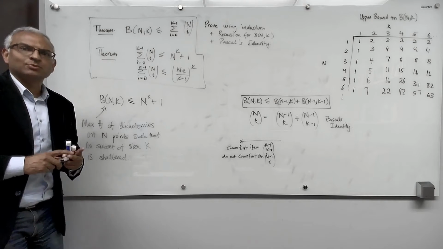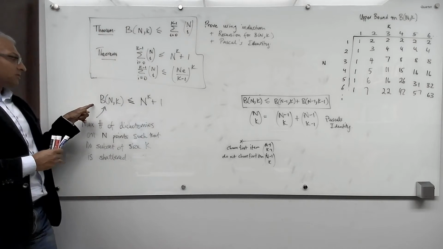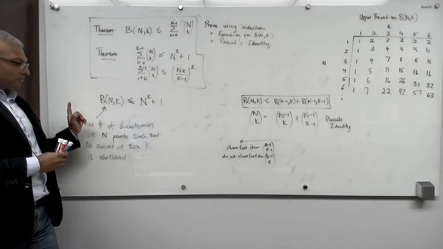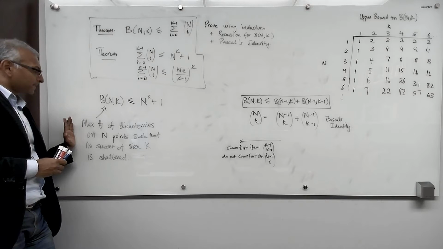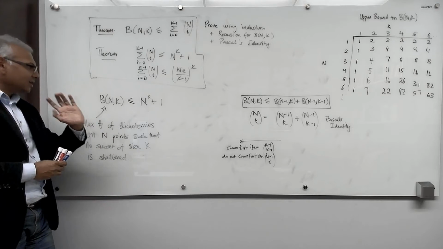So this is what we have proved for this combinatorial problem, where we defined this combinatorial quantity B of n, k. And I repeated the definition of B of n, k. It's the maximum number of dichotomies on n points, so that no subset of size k is shattered.